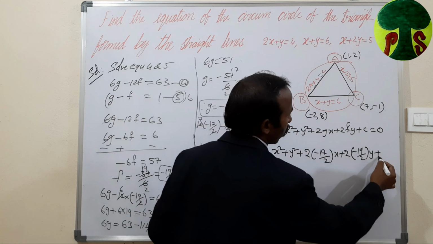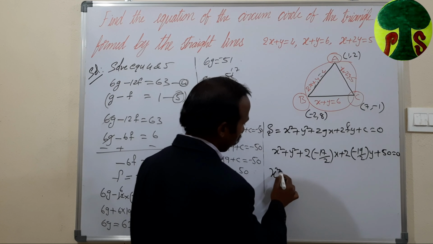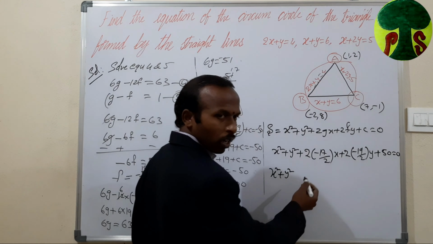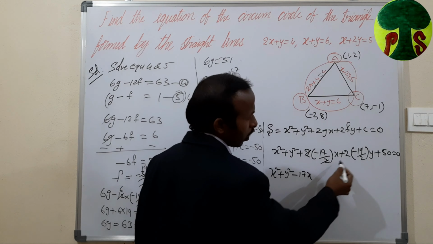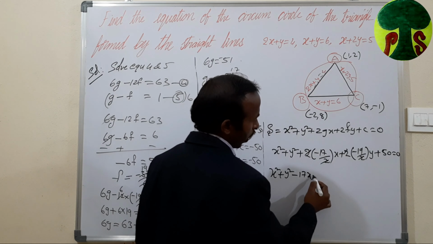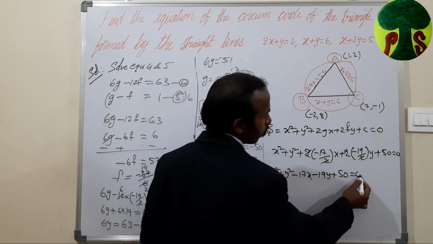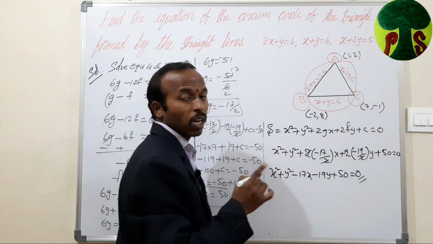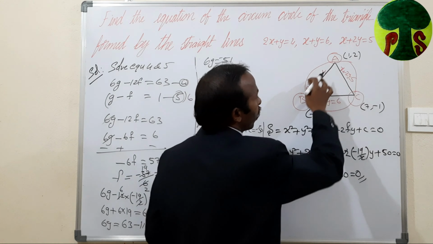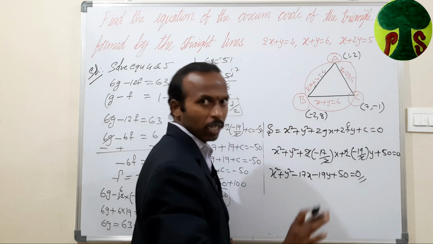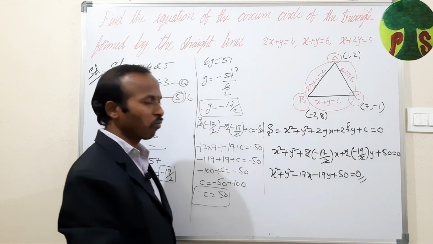So plus 50 equal to 0. Now x square plus y square, 2 twos get cancelled, minus 17x, 2 twos get cancelled, minus 19y plus 50 equal to 0. Finally the circumcircle equation which passes through the ABC vertices of the triangle is x square plus y square minus 17x minus 19y plus 50 equal to 0.